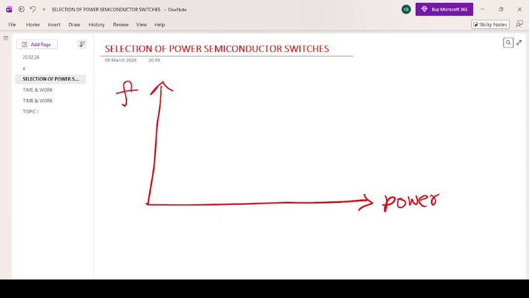Here the range of power is noted. Say for example, this is a few kilowatts. This is hundreds of kilowatts. This is about hundreds of megawatts.